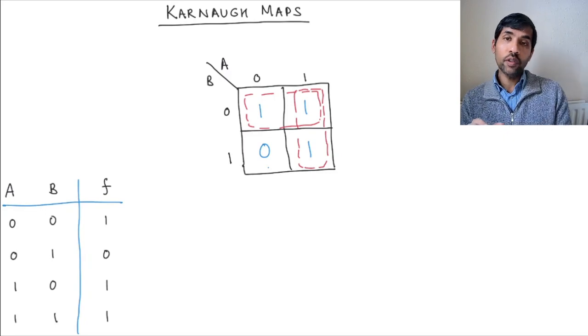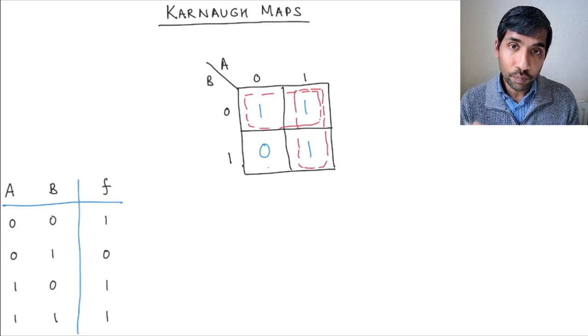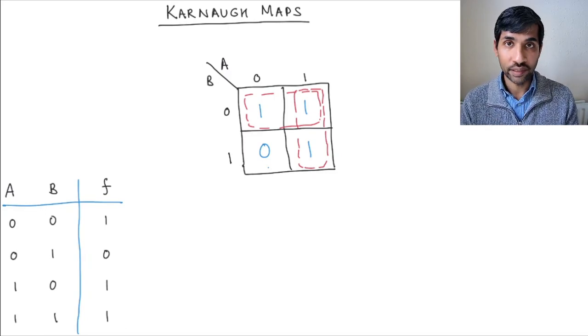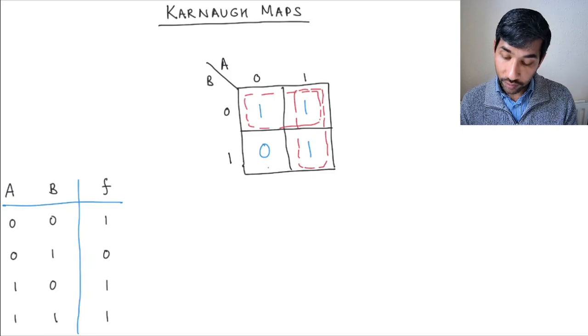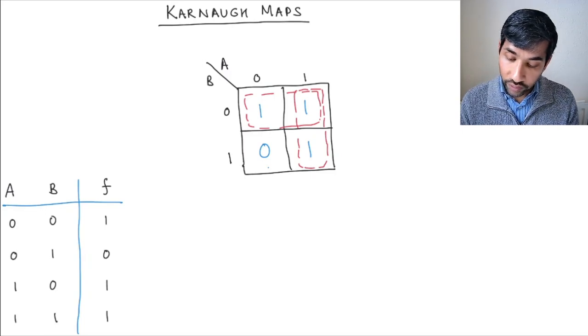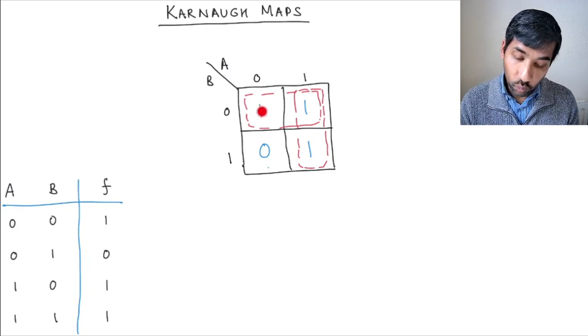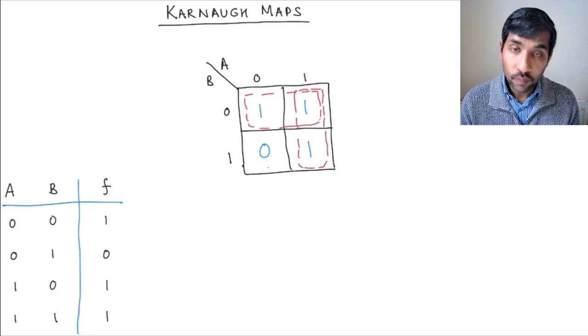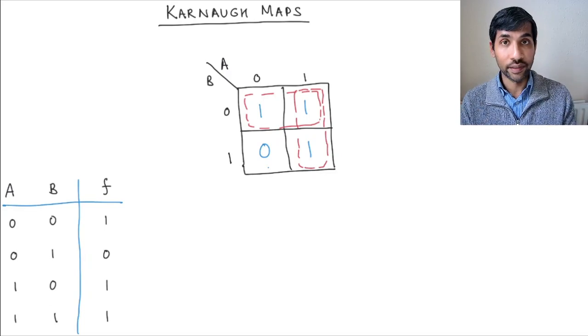And now what we want to do is represent each of these groups, or each of these ones, with a min term. Now let's try to do that. So instead of writing the term for this one alone, we'll see, is this one in a group with another one? The answer is yes. This one is in a group with this one, right? So let's represent both these ones with one single min term.